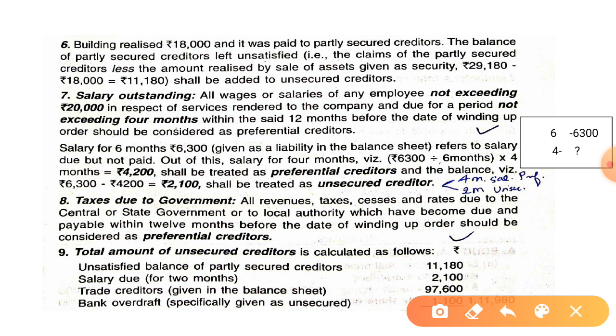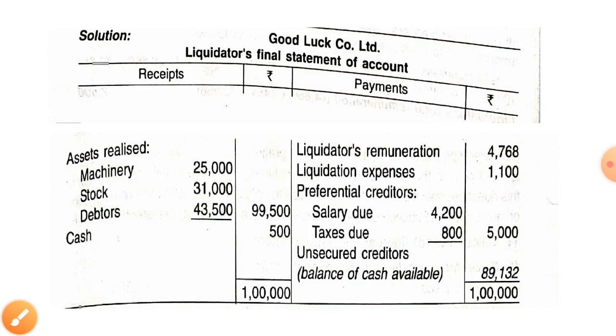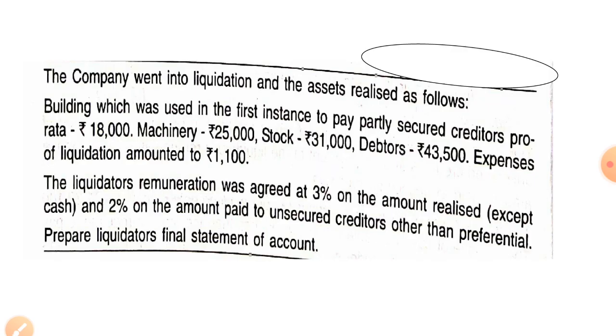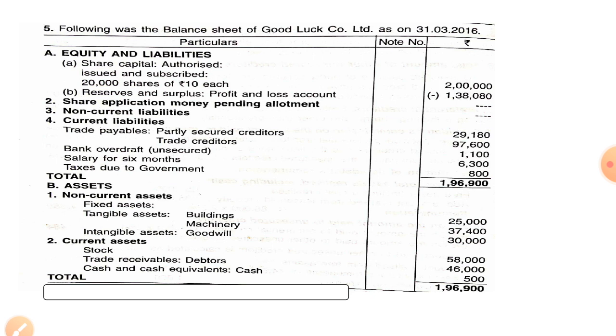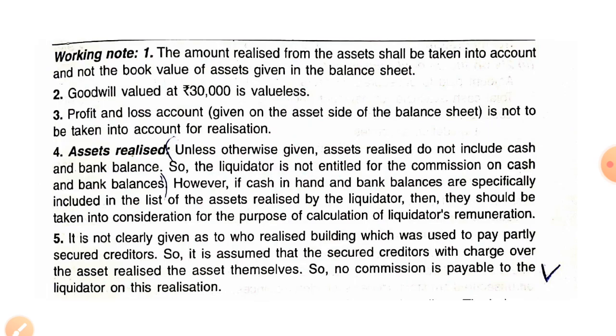Okay, here what is the total value of secured creditors? We have to see the total value of secured creditors. How much? Partly paid secured creditors 29,180, correct? So the same thing we have to take into consideration.